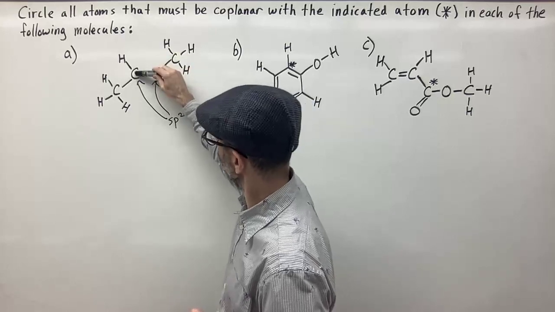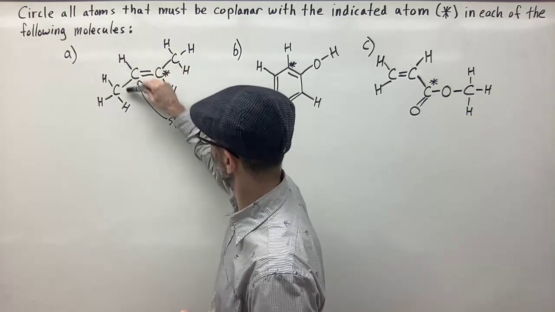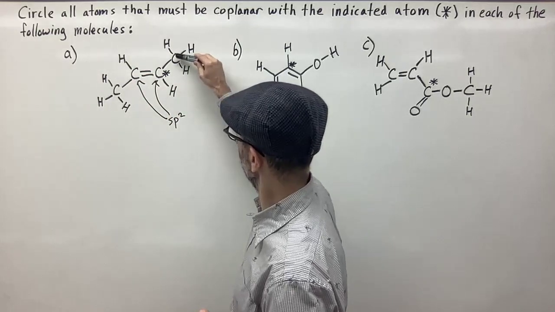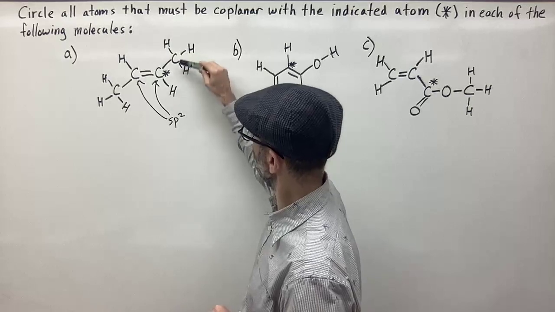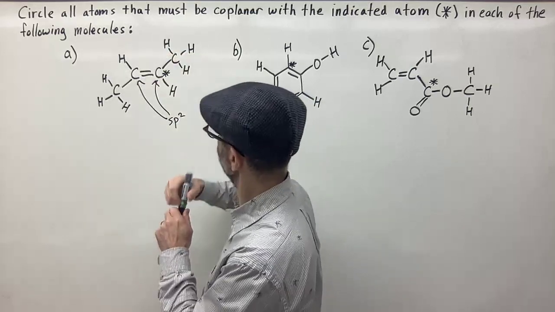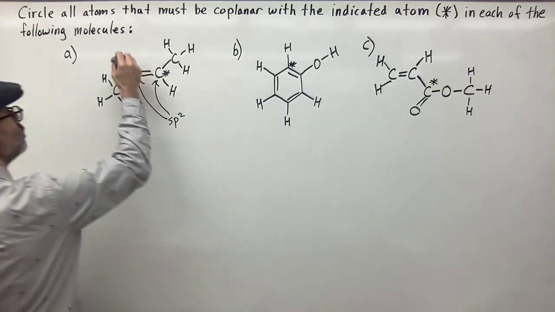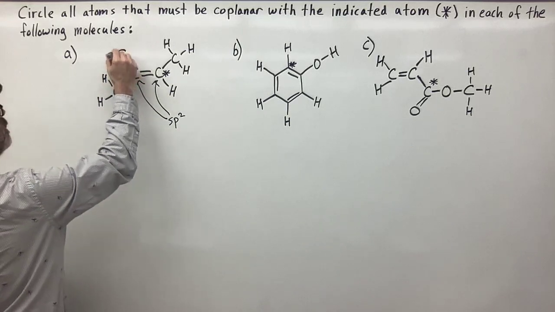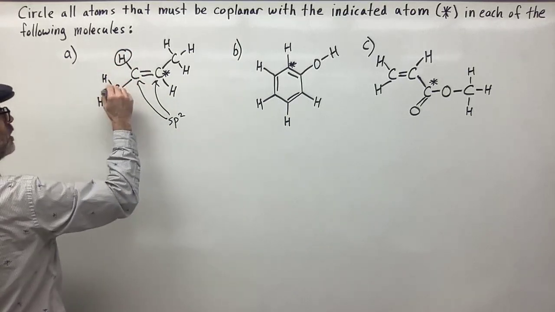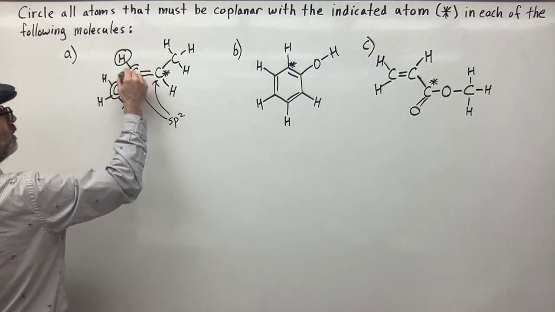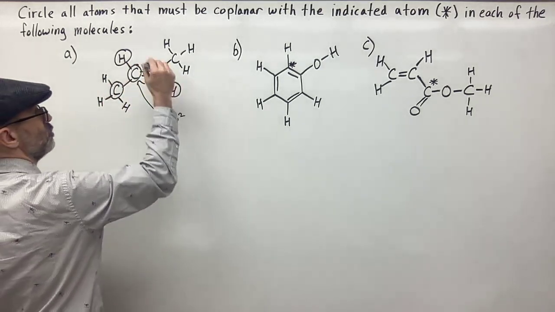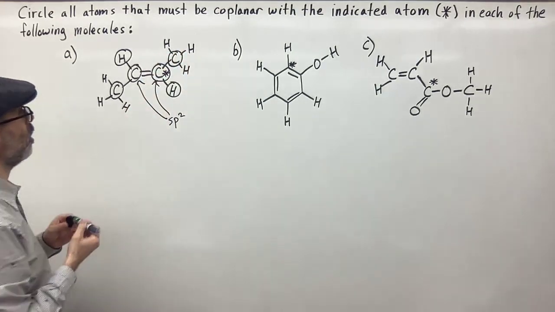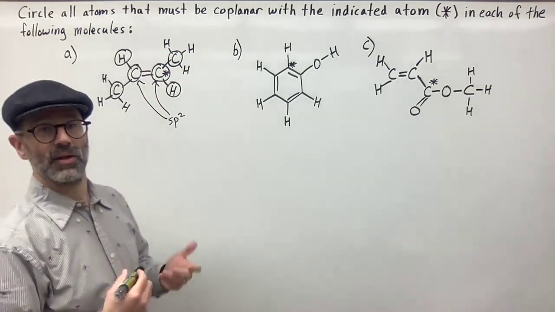This carbon is in the same plane as these 2. This carbon is in the same plane as this carbon and this one. So that means that if I circle, that hydrogen, this carbon, this carbon, this carbon, this hydrogen, and this carbon are all going to be in the same plane.